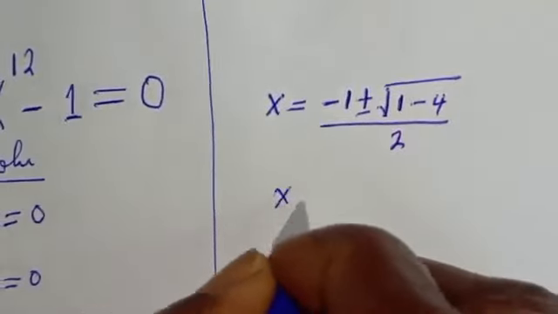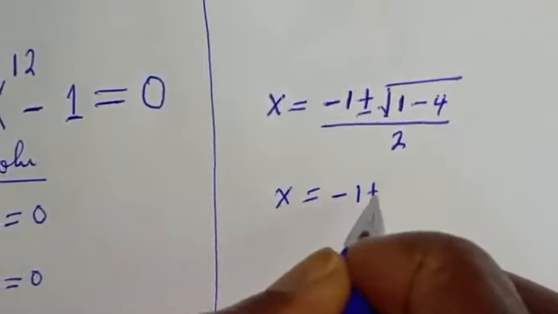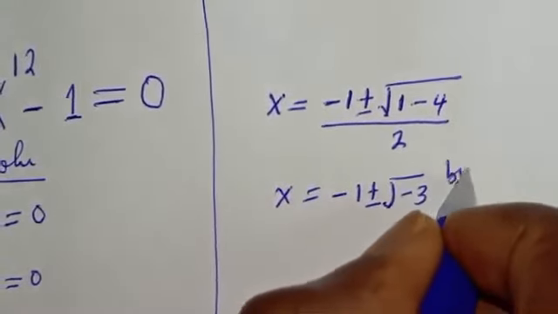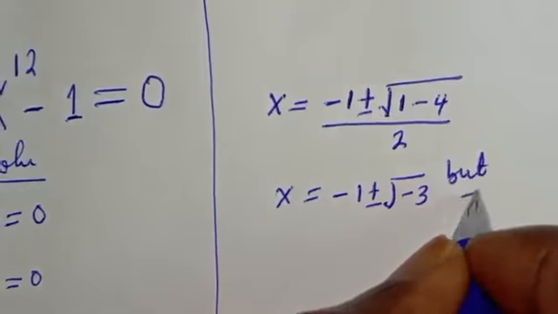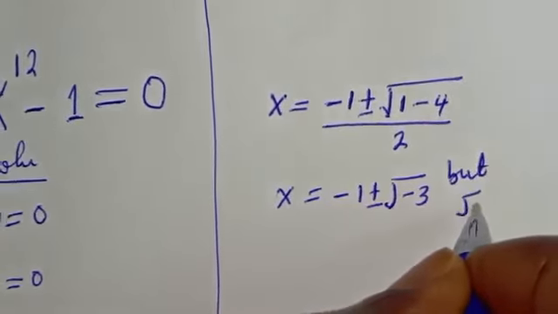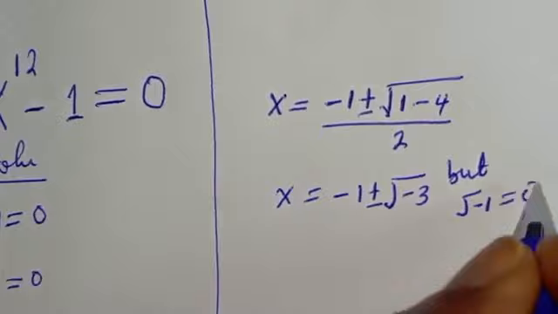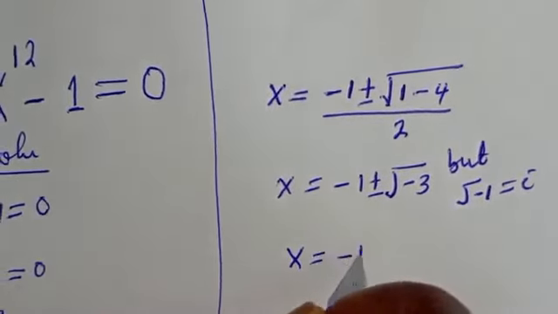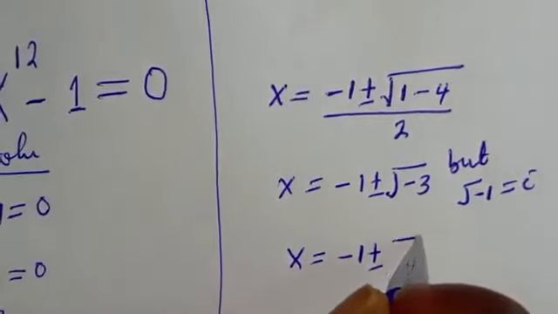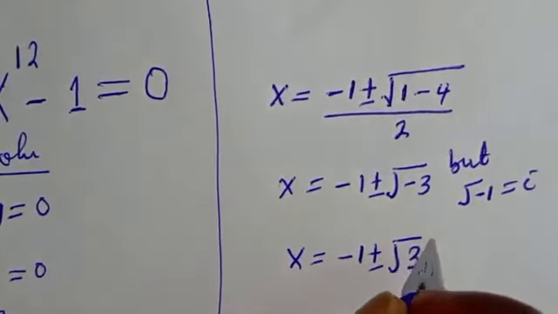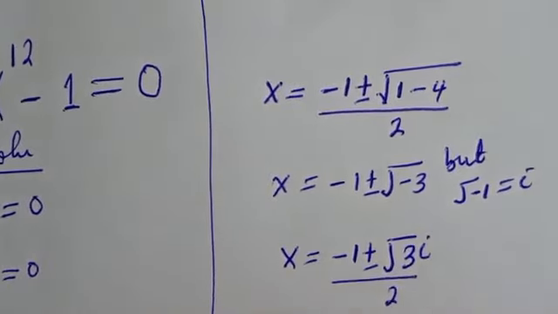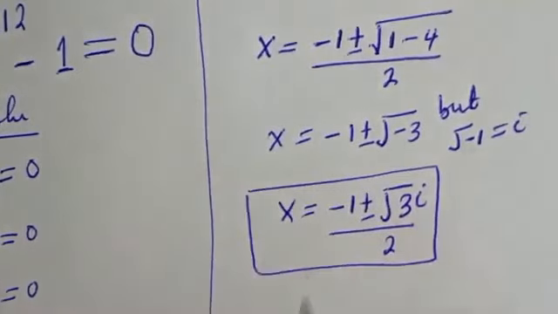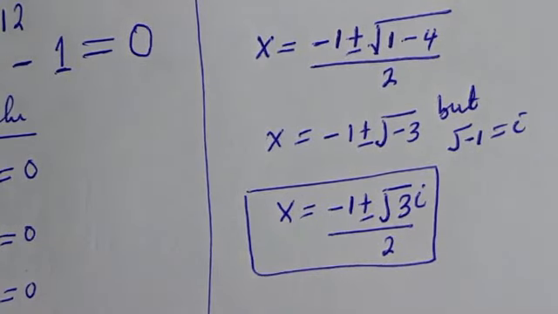Then s is equal to minus 1 plus or minus square root of minus 3. But square root of minus 1 is equal to i. Then s is equal to minus 1 plus or minus root 3i over 2. This is the value of s. Let's call that the second value of s.